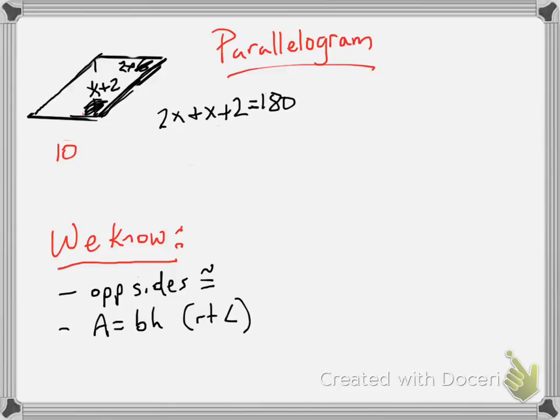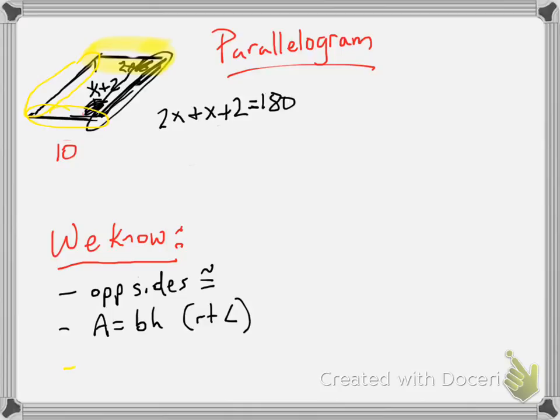So any two consecutive angles add up to 180 together. These two add up to 180, these two add up to 180, and these two add up to 180.